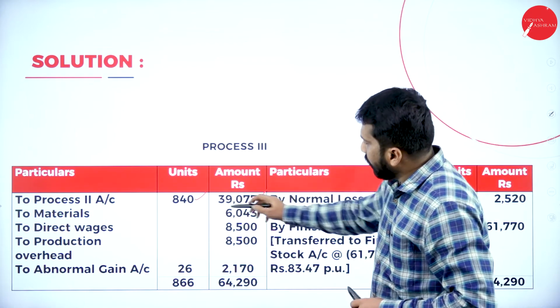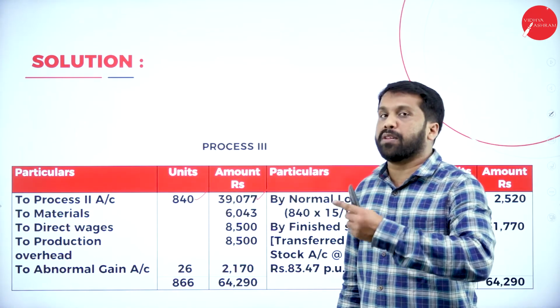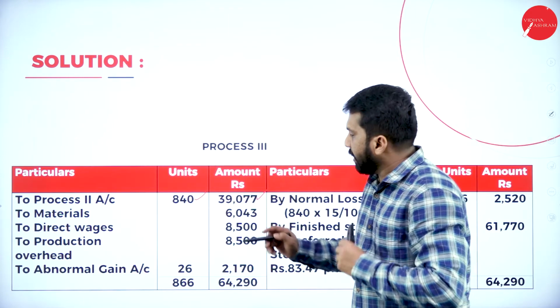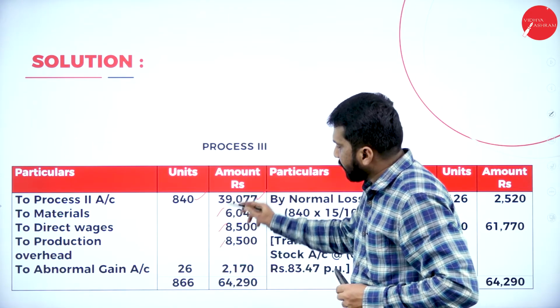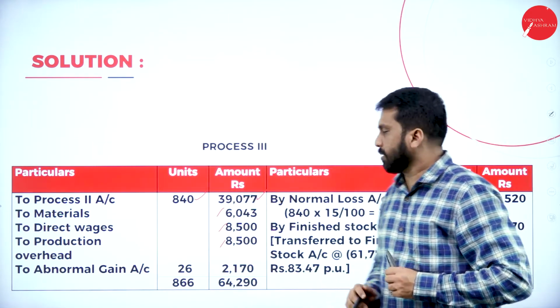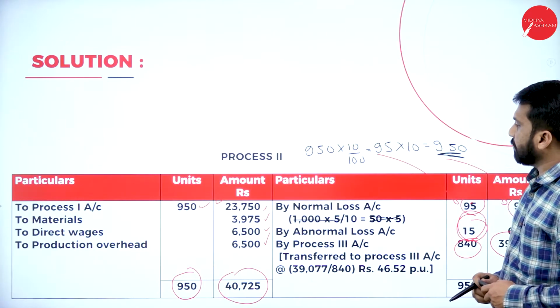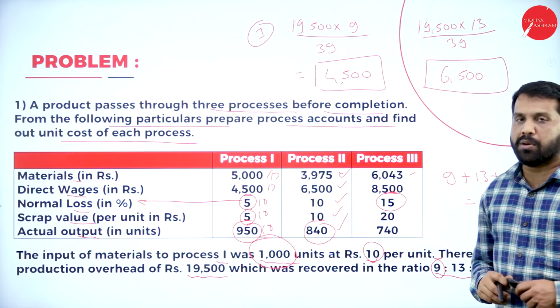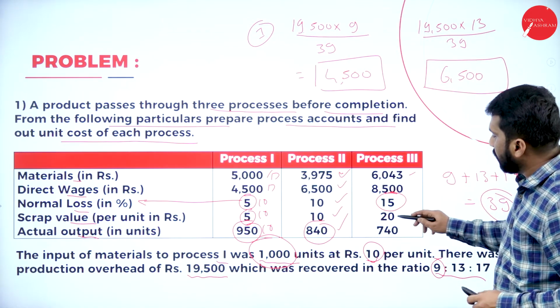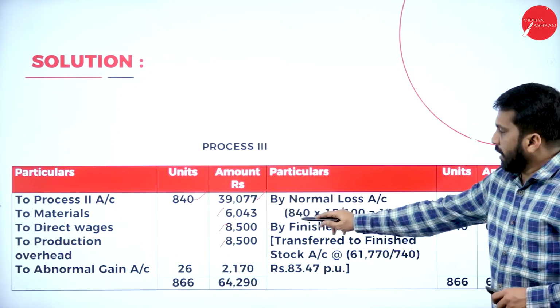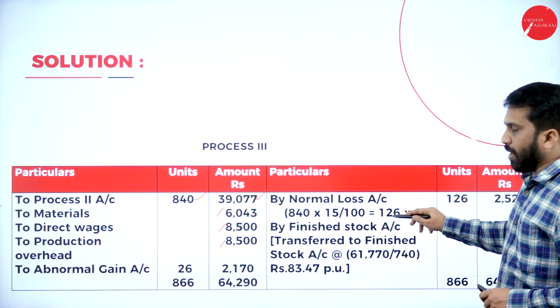Now, opening, last output will be input for here, and we have all the expenses. All the expenses written? Yes. By normal loss. What is the normal loss? I'll go back. 15% is normal loss. What is the value it sold? 20. Now, 840 into 15%, 126.